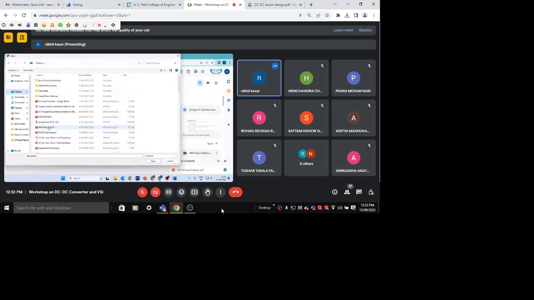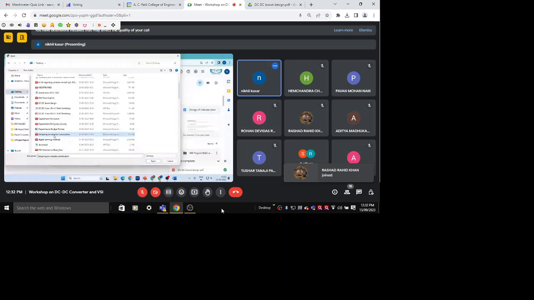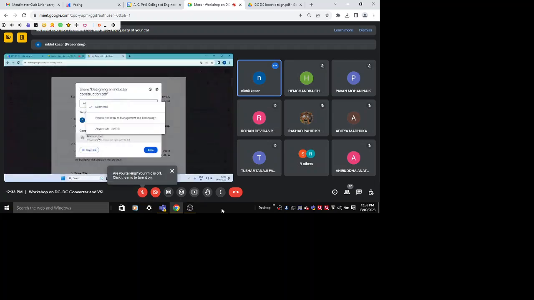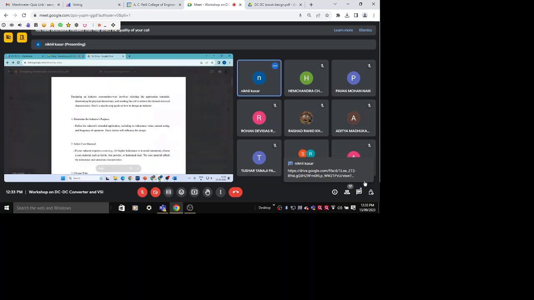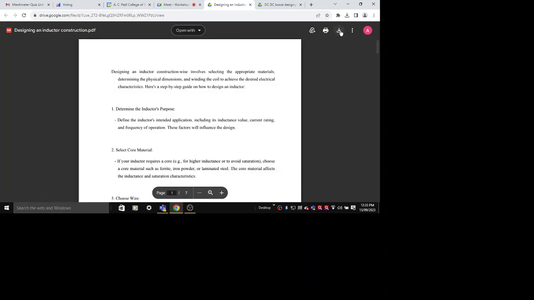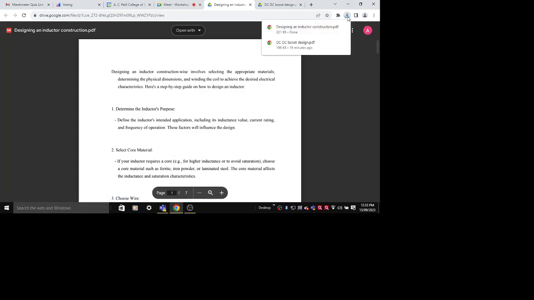Yes, all the participants, in the chat box, the drive file link of design steps of inductor I have shared, and you can open that file on your own.